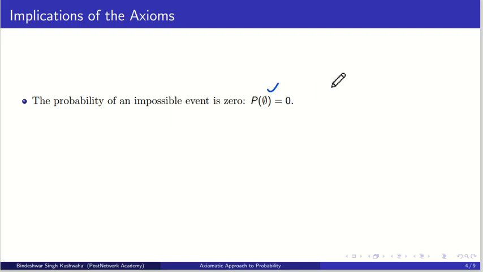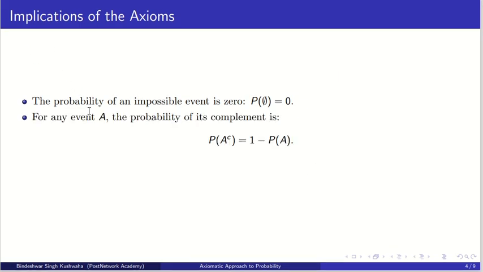That means P(phi) is 0, and we will prove all the implications. The probability of A complement is equal to 1 minus P(A). Third one, if A is a subset of B, then P(A) is less than or equal to P(B).